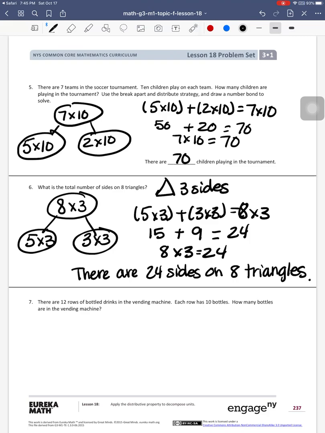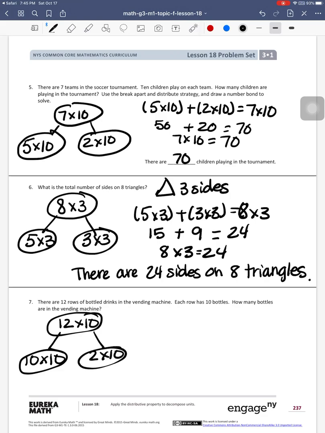All right, 7. There are 12 rows of bottled drinks in the vending machine. Each row has 10 bottles. How many bottles are in the vending machine? Ooh, this one's a little trickier. So 12 times 10 is our big one. Since our number is over 10, I'm going to do my first group as a 10 times 10. And if I take 12 minus 10, what do I have left? Right, 2. So it's going to be 2 times 10. So 10 times 10 plus 2 times 10 equals 12 times 10, right?